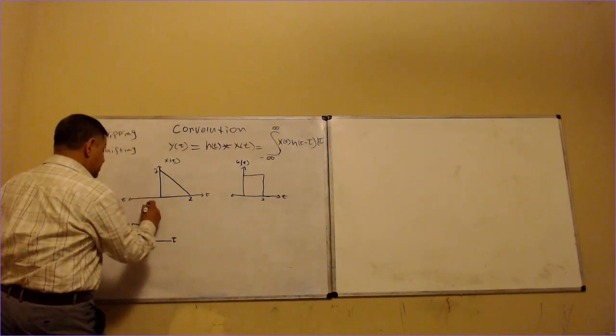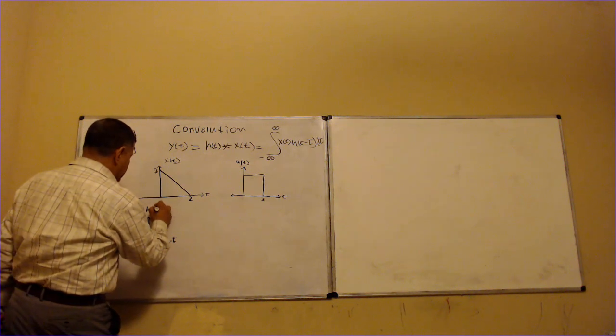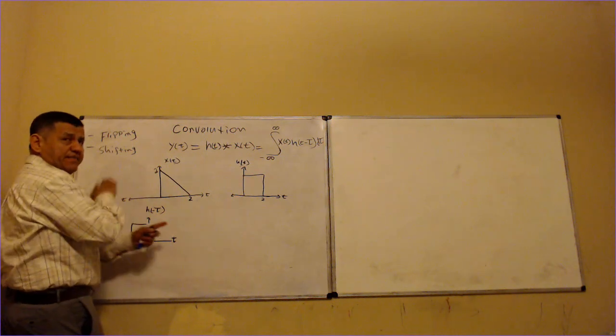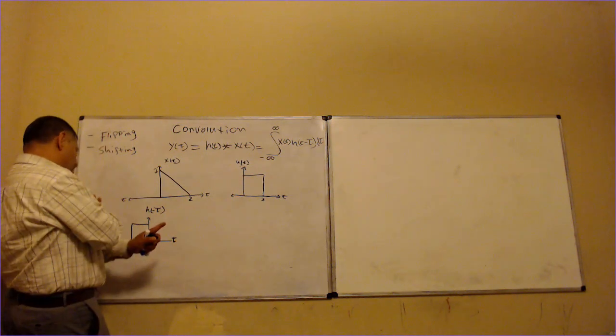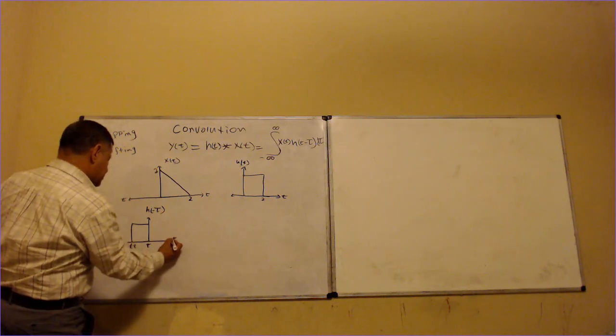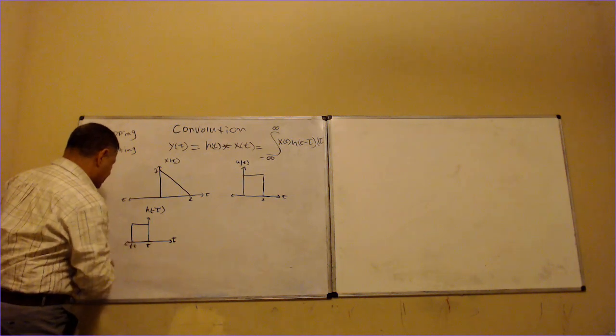This is h of minus tau, right? We flip it. It's like multiplying by a negative 1. You flip it to the other side, and then you get this.